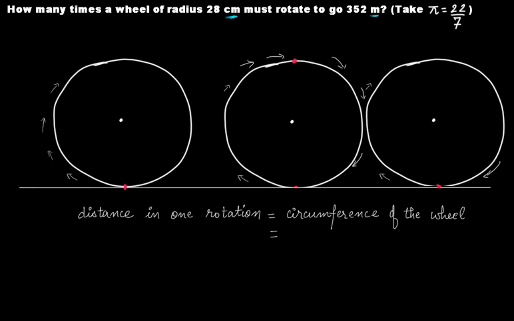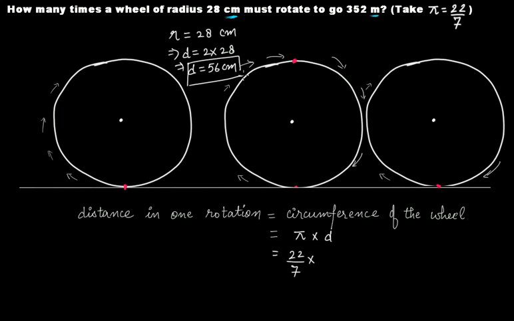Now clearly, the circumference of the wheel is pi times d. You have to take pi as 22/7. And what's d here? d is nothing else but the diameter. The radius is 28 centimeter. So if the radius is 28 centimeter, what will be the diameter? The diameter will be 2 times 28, so the diameter is 56 centimeter.